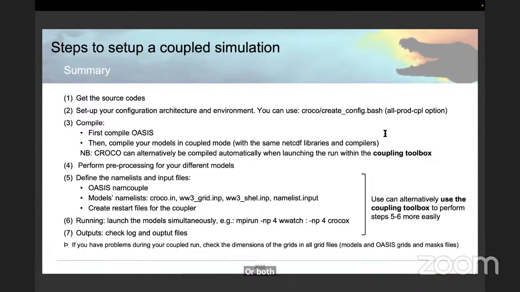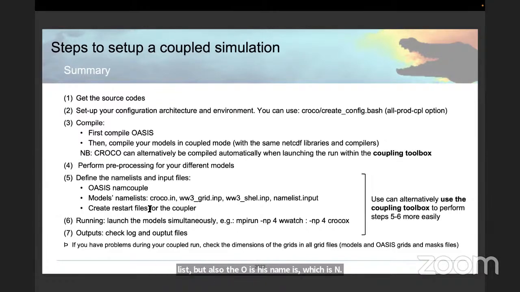But we also have something automatically set up by scripts in the coupling toolbox. Then you have to perform the pre-processing for your different models. So prepare your initial file, your boundary files, and surface files, etc. And then define some settings in the namelist of your different models. So in the CROCO in, for example, or in the WRF namelist, but also the OASIS namelist, which is namcouple.